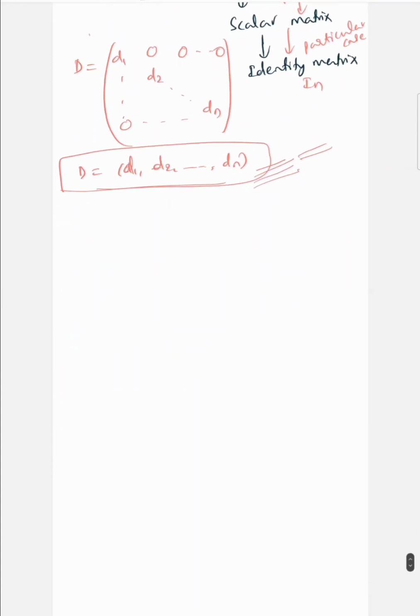Now we can see the next concept, which is the equality of matrices. When are two matrices said to be equal? Let's consider two matrices.